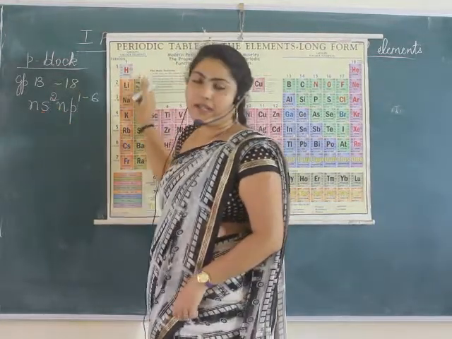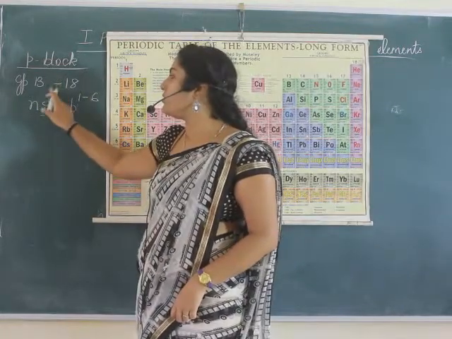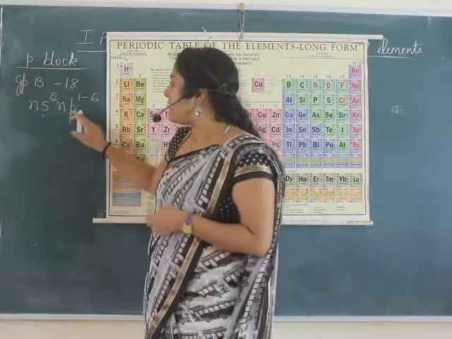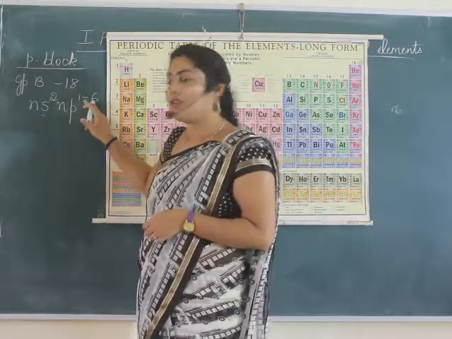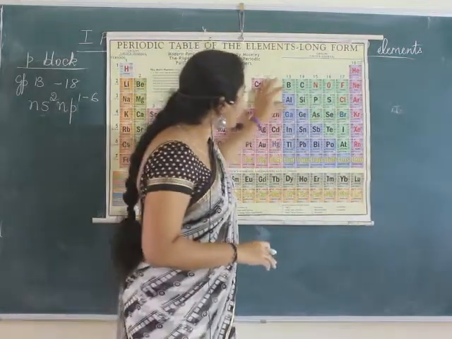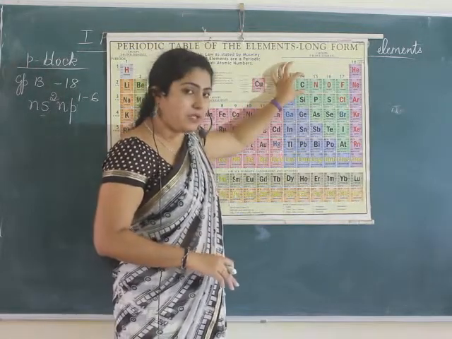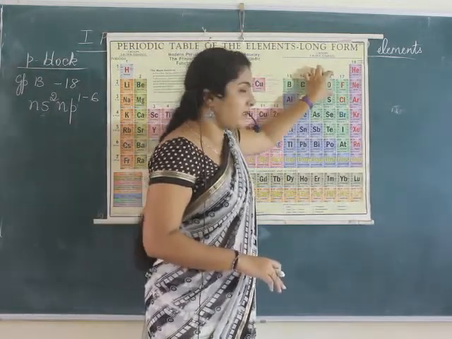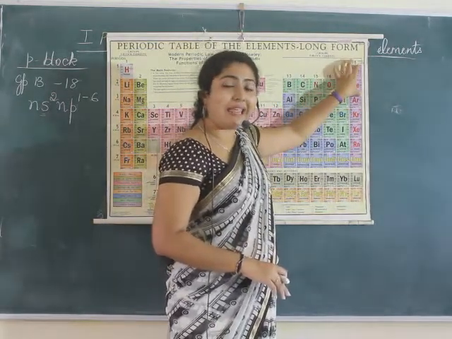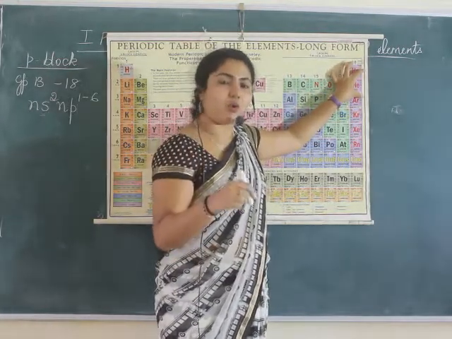Here in case of S block elements, you have seen ns2, so 2 electrons will be filled here in the S orbital, and here the electrons go on entering in P orbital. So 1 to 6 means, see here, this is group 13, np1, np2, np3, group 16 np4, group 17 np5, group 18 np6, completely filled in P. 6 electrons, noble gases.